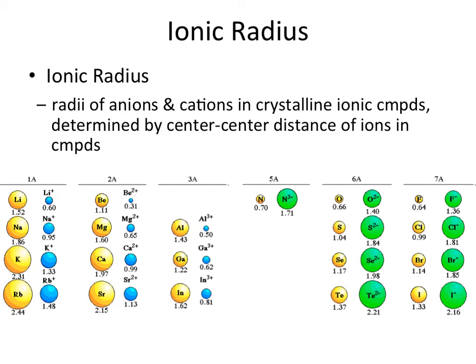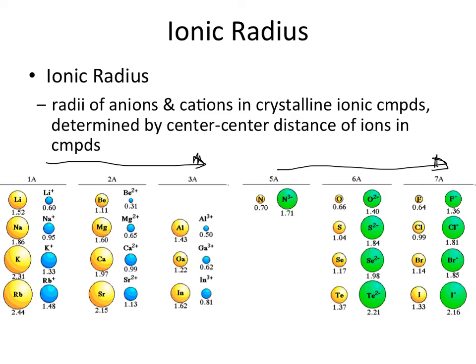So if we look at the trends that we see, the ions kind of follow the same trend as the atomic radii. From left to right, we do see a slight decrease, at least we do for the first row and second row elements.